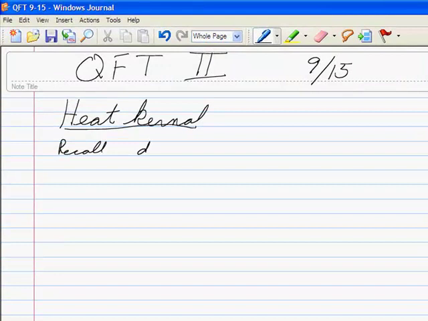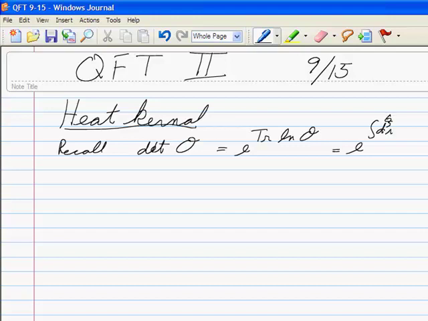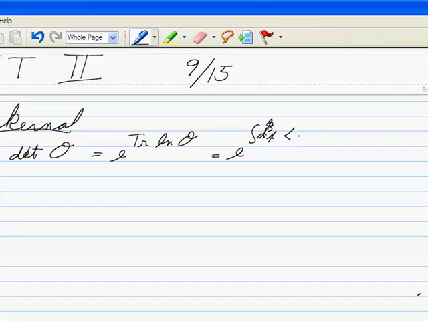that we have the determinant of some operator is e to the trace log of the operator, and trace for us at this stage means integral d4x, x matrix element of log of the operator.